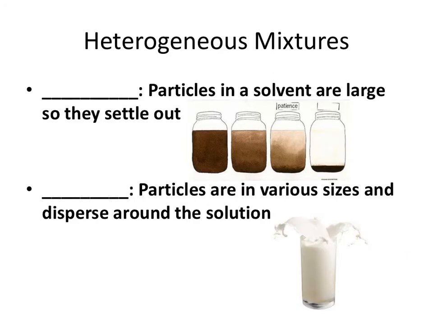If you recall from Unit 1, while we have homogeneous mixtures, we also have heterogeneous mixtures. We have two types. One is when the particles are so large that they settle out, and these are called suspensions.